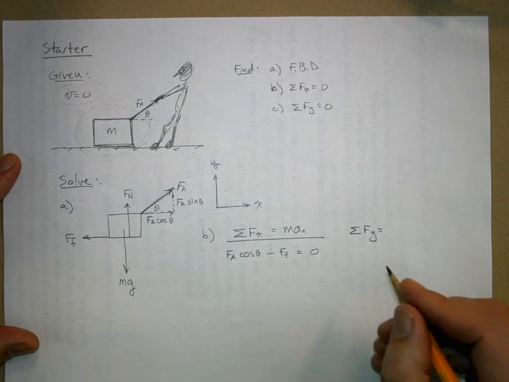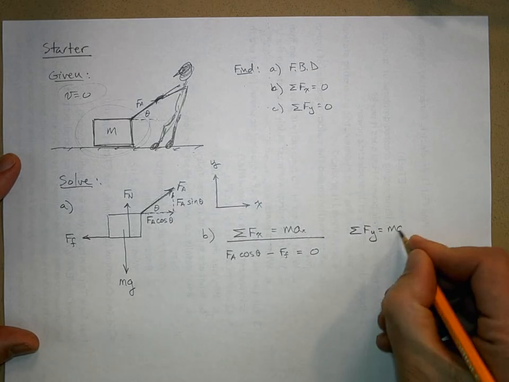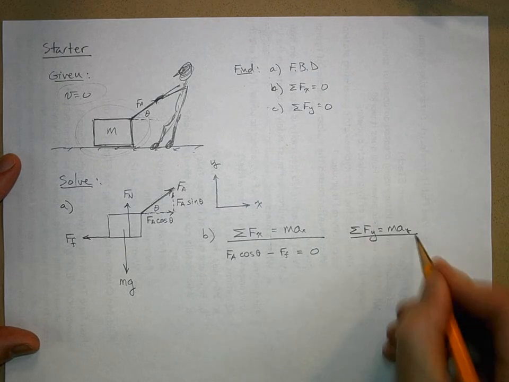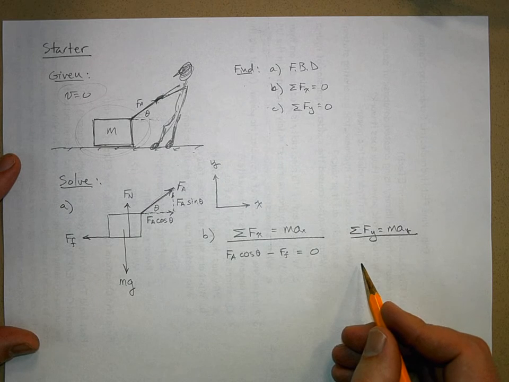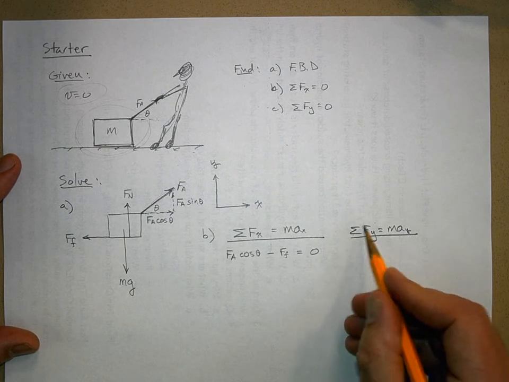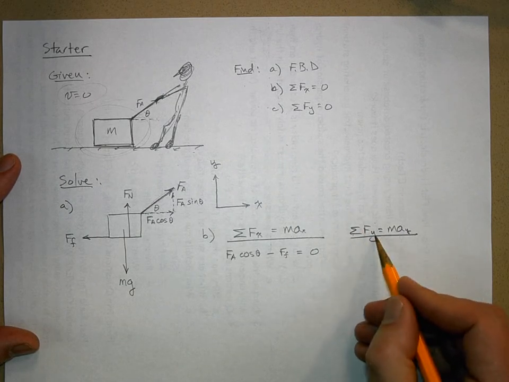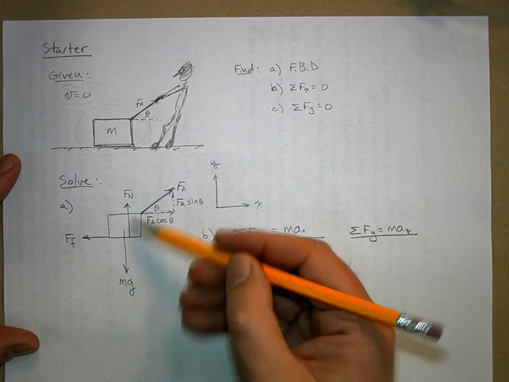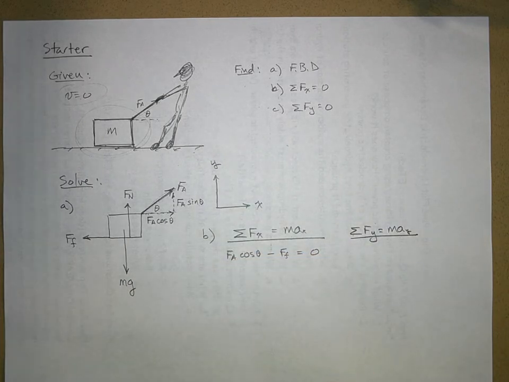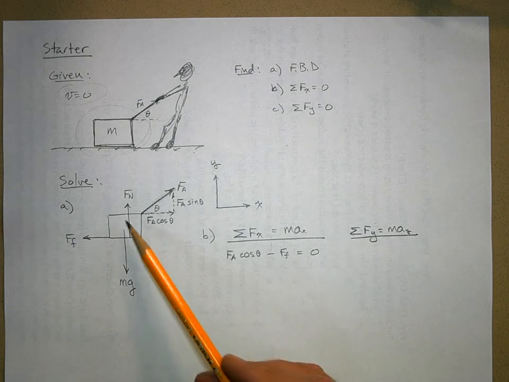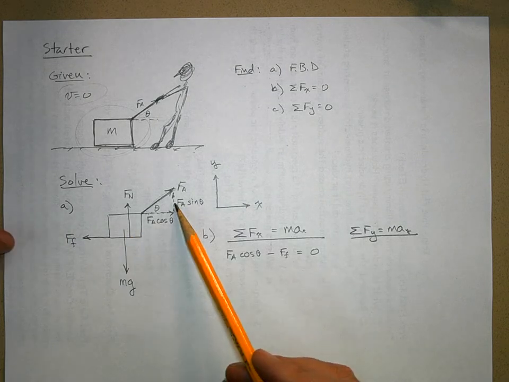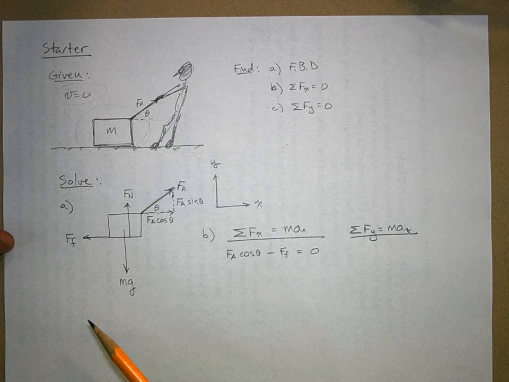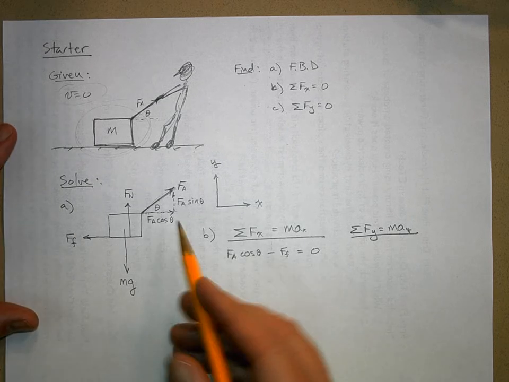Now we're going to sum the forces in the y direction. Equals ma in the y direction. First, I'm going to add up all the forces in the y direction. I look at my free body diagram, and now I've got how many forces in the y direction? 3. 1, 2, 3. So let's add them up.